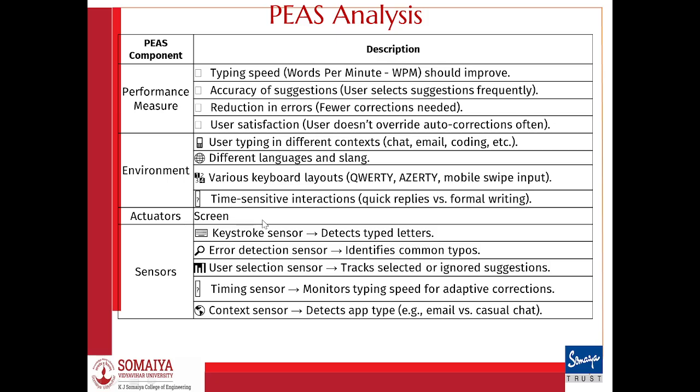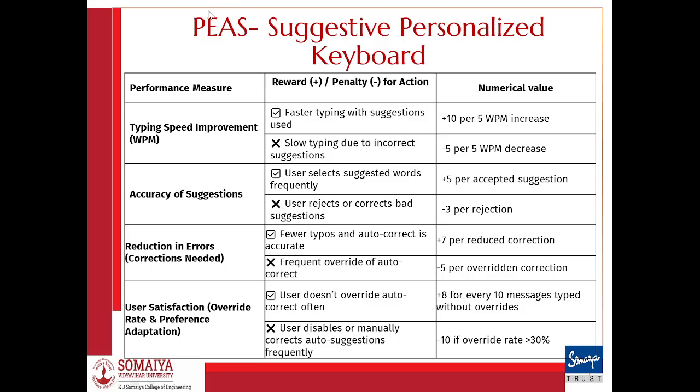Actuators would be the screen on which the data would be typed out, and there could be one or more sensors we can consider, and accordingly the agent would go on learning. To elaborate more on performance measure, we could consider some scale and, depending on how it performs on the various parameters, assign the agent rewards and penalties so that after execution we can figure out if the agent ran properly or not.